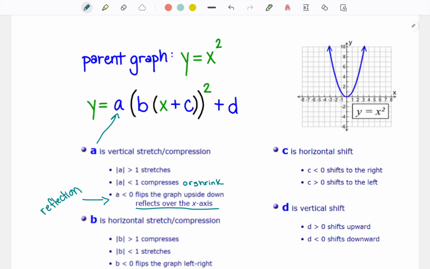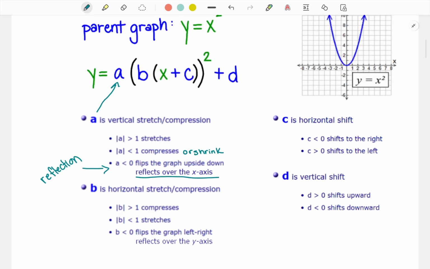This is the reflection that you will see most of the time with quadratics, because it's really hard to see a reflection over the y-axis with these functions unless it happens at the right time, because this function is symmetrical, so it's really hard to see those. And then the B is a horizontal stretch and shrink, so that is why it's in the grouping symbol.